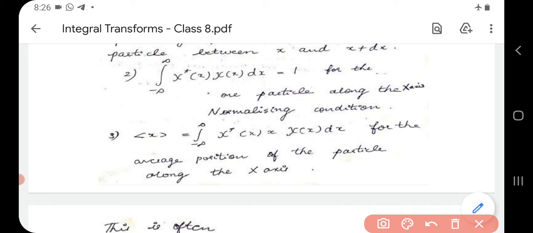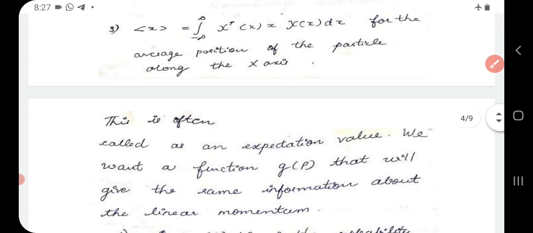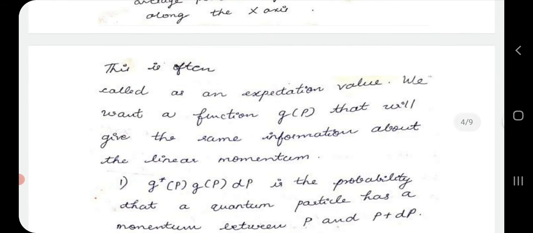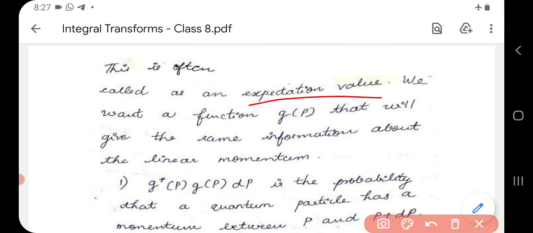These three you have already studied as the postulates of quantum mechanics. First is the probability density, second is the normalization condition, and the last is the expectation value, or the average value, that gives you an idea about the average position of the particle.